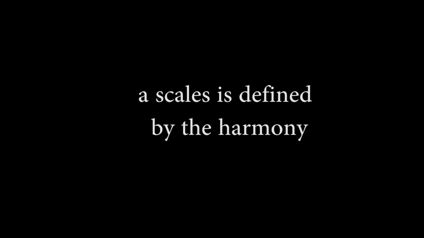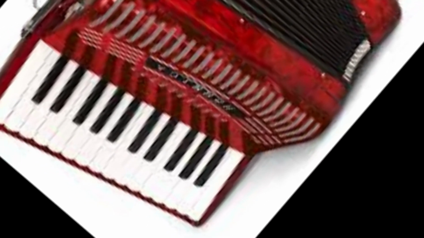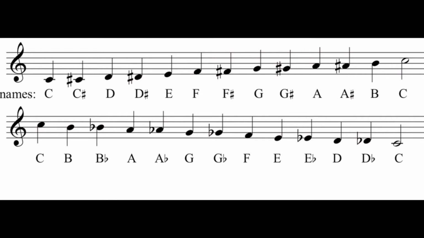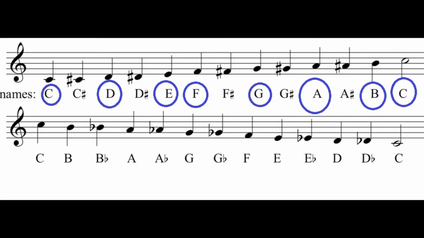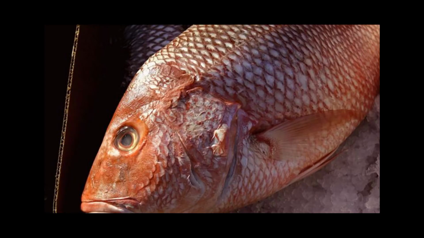Second thing is the relations of the notes you chose to the harmony, or what's happening beneath it or in relation to it. So for example, you could take only the white keys on the keyboard, or just natural notes, A, B, C, D, E, F, G, A or whatever. If you're gonna play them over a C chord, it's gonna sound like a major scale.